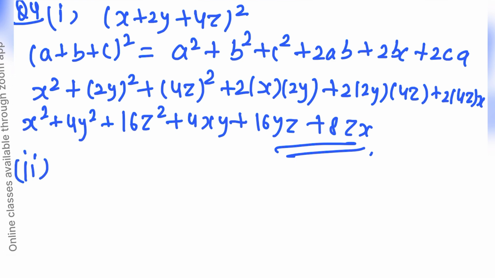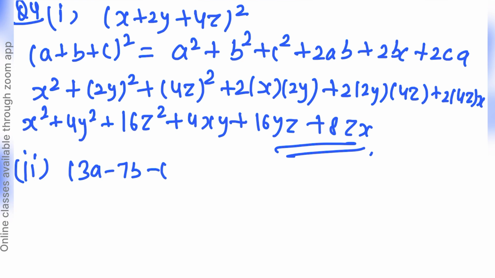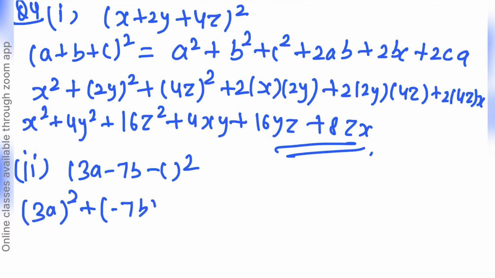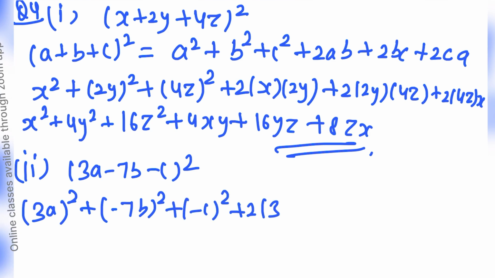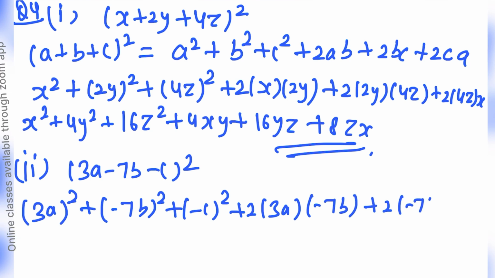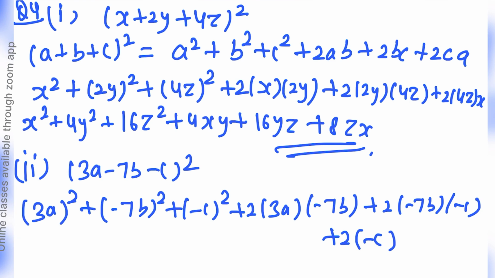We have the second part also, that is (3a - 7b - c) whole square. We need to apply the same identity. Here a is 3a, b is -7b and c is -c. So (3a) whole square plus (-7b) whole square plus (-c) whole square plus 2 into 3a into -7b plus 2 into -7b into -c plus 2 into -c into 3a.